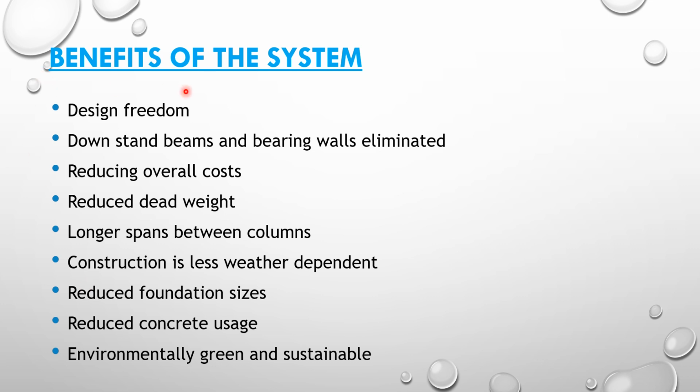Next, let us look at the benefits. Design freedom, downstand beams and bearing walls eliminated, reducing overall cost, reduced dead weight, longer spans between columns, construction that is less weather dependent, reduced foundation sizes, reduced concrete usage, environmentally green, and also sustainable as reused plastic polymers are used.